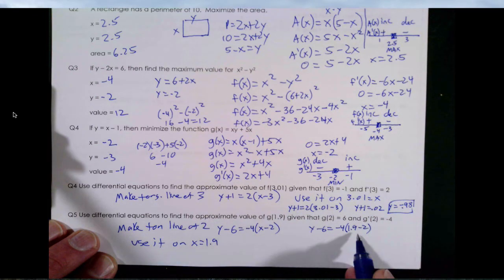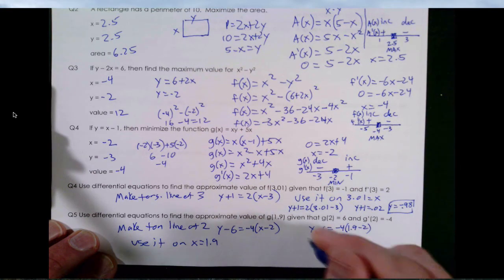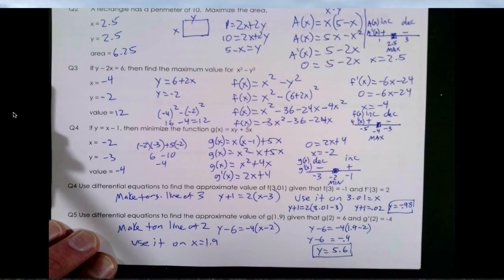Here I have -0.1 multiplied by -4, so that's 0.4. I add 6 over, and adding 6 to -0.4 will give 5.6, and there is our approximate.